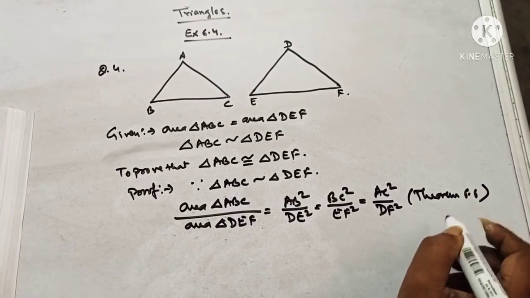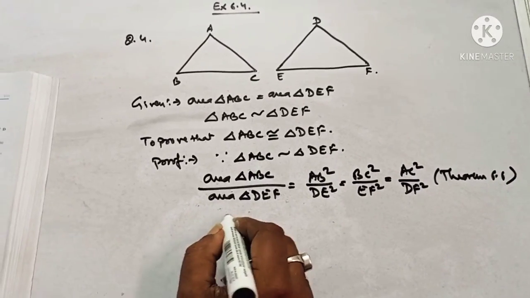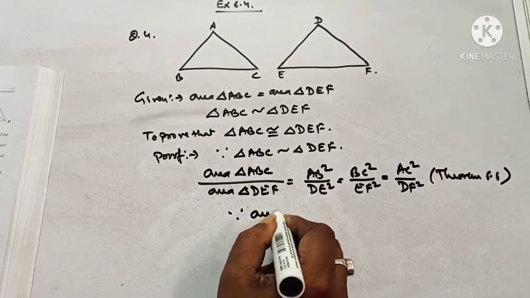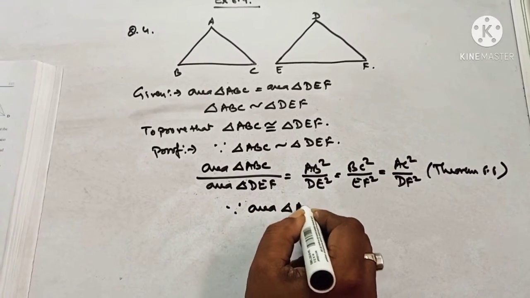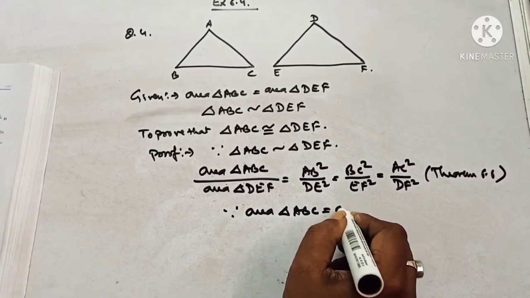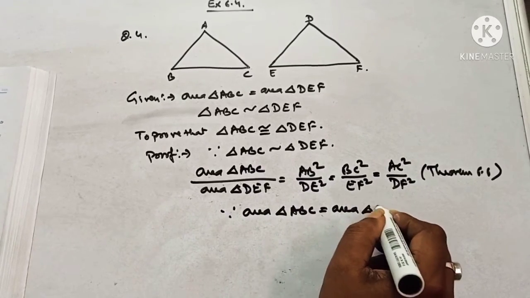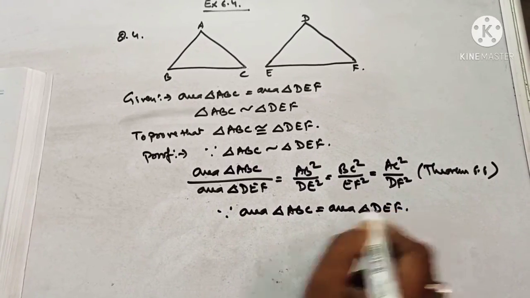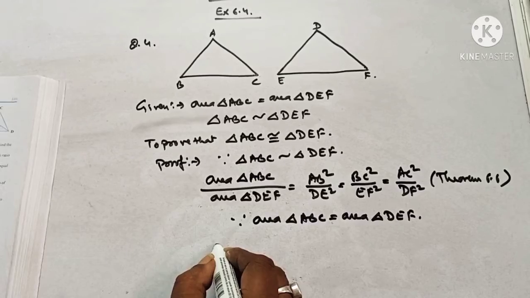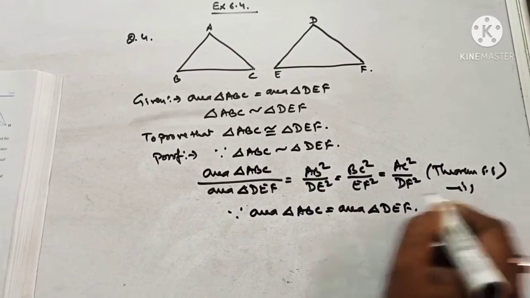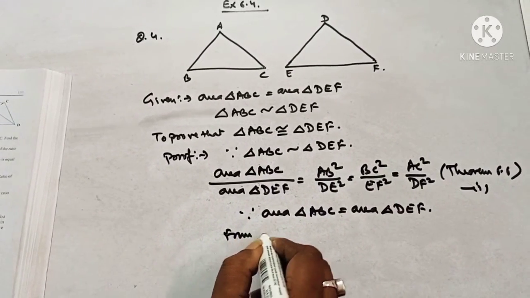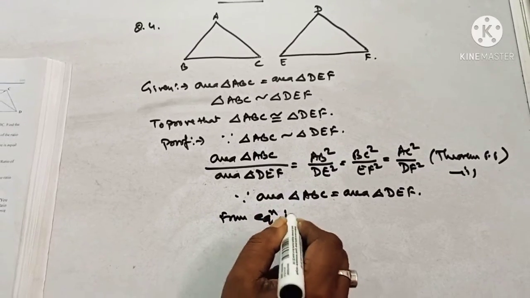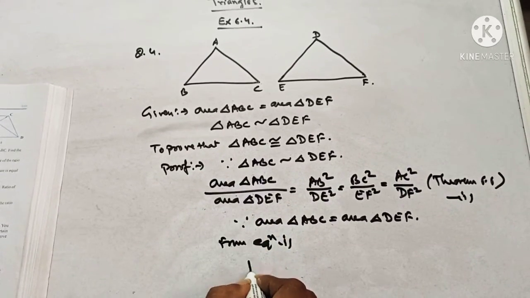Now here again, since area of triangle ABC is equal to area of triangle DEF, from equation 1 we get this is equal to 1.